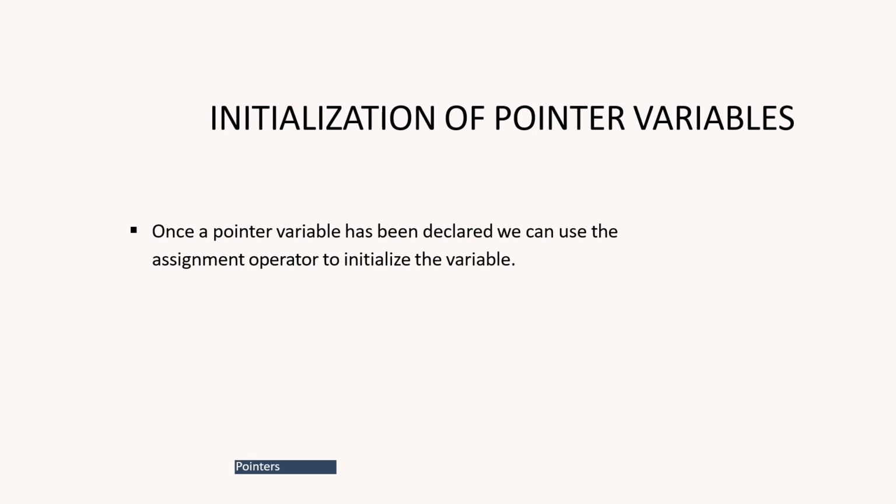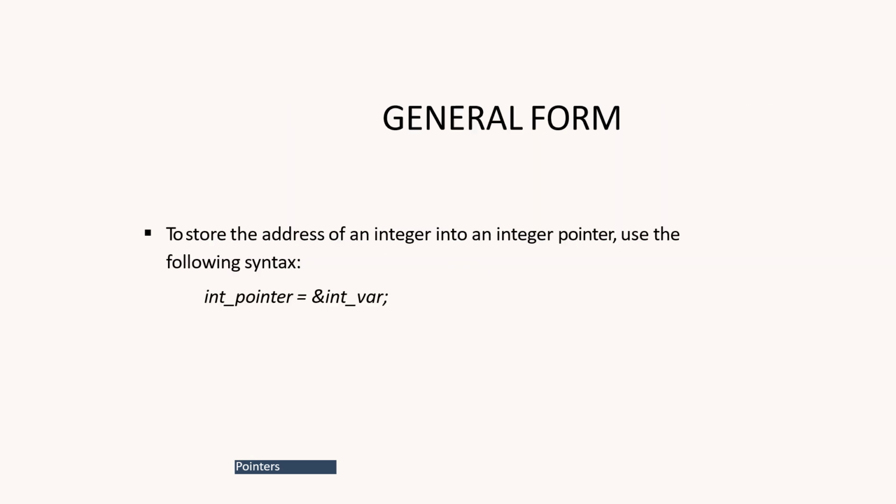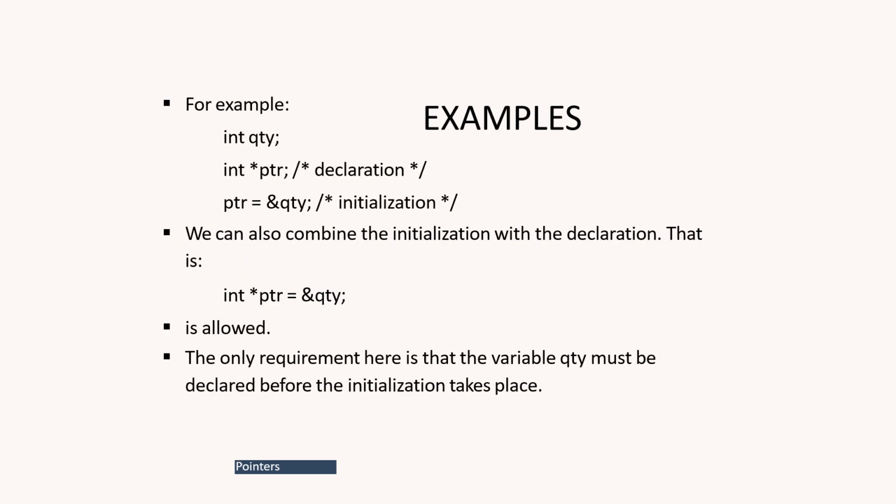Once a pointer variable has been declared, we can use the assignment operator to initialize it. To store the address of an integer into an integer pointer, this syntax is used: integer pointer is equal to ampersand integer underscore var, where ampersand indicates the address.